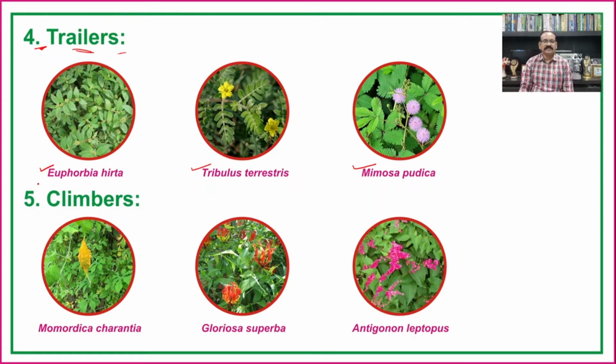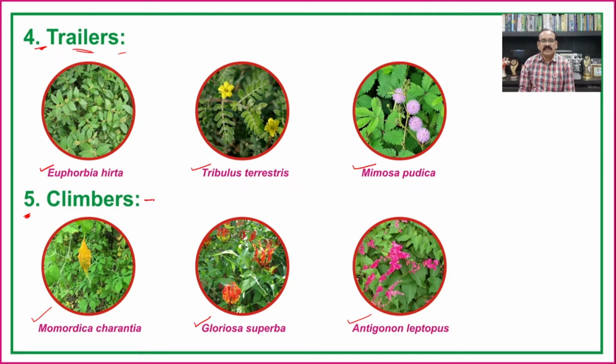The next type of habit is climbers, and here the examples are Momordica charantia, karela, then Gloriosa superba, and the third one is Antigonon leptopus. All these plants are climbers.